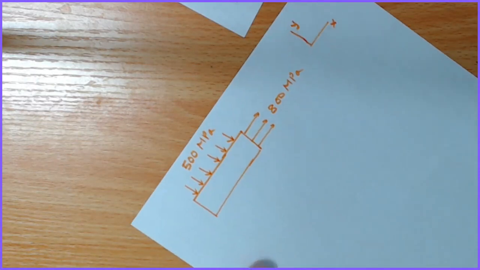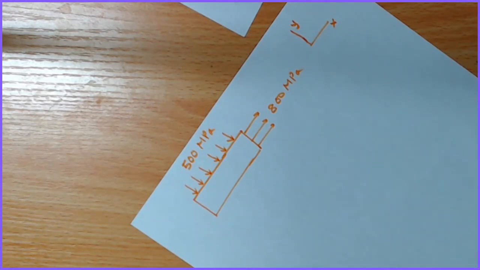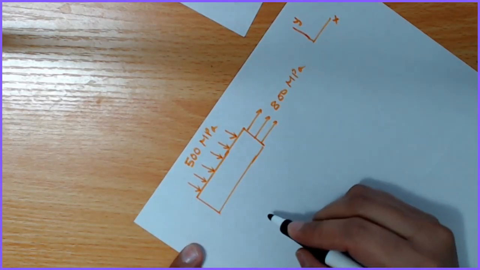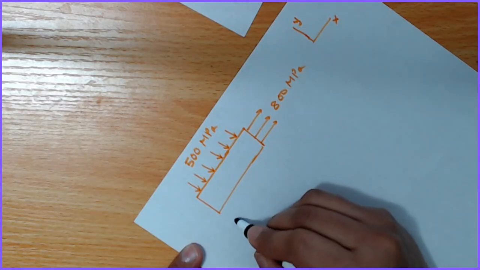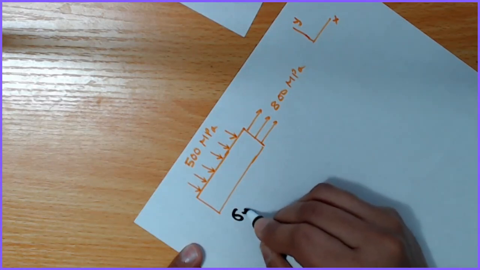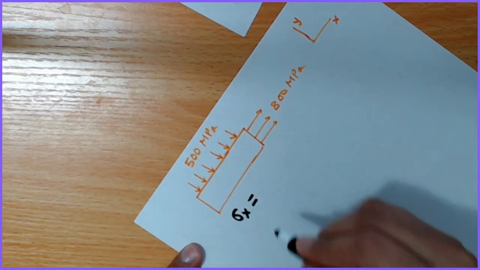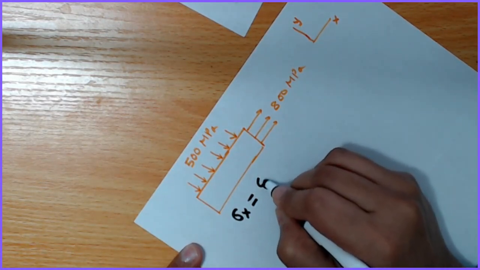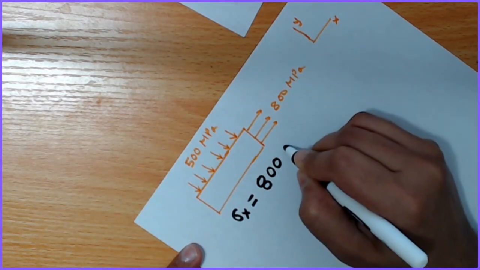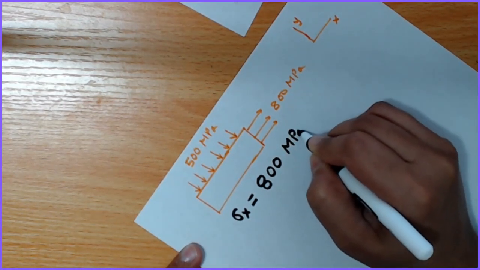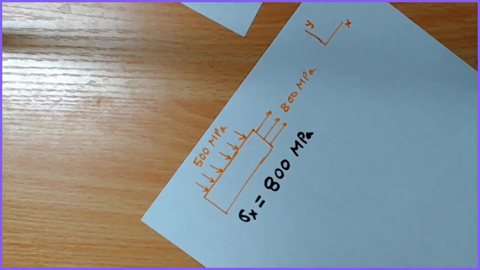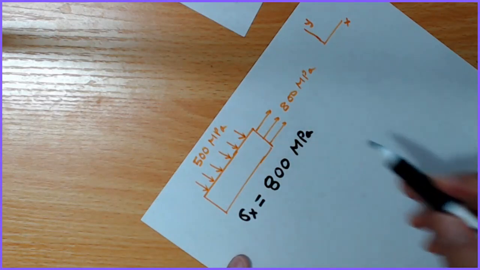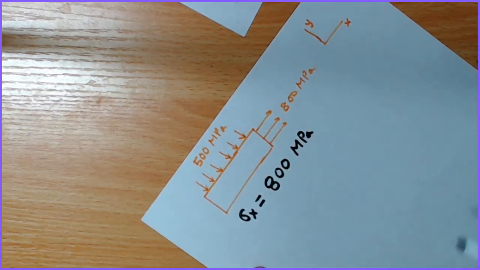Now, sigma x equal to 800 megapascal, right? Because the copper bar is in tension because of this 800 megapascal, so it is positive.